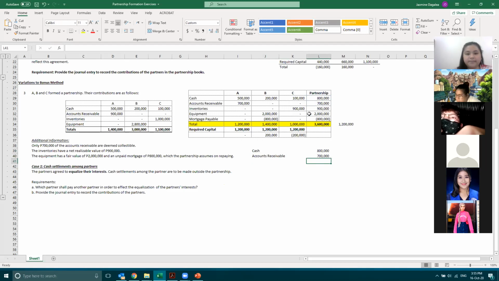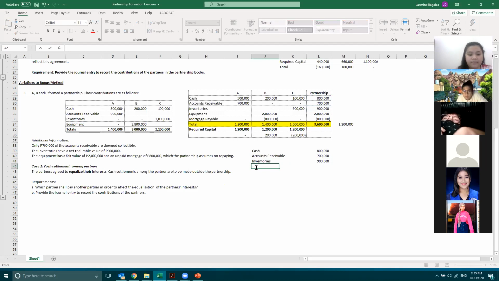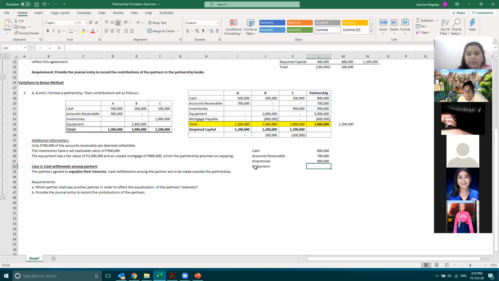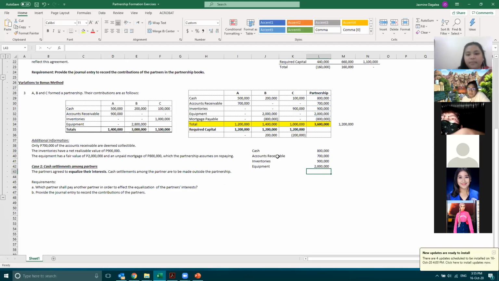Inventories, 900. Ano pa? Equipment, 2 million. Dito nyo kukunin. Ito na yung pinaka-journal entry nyo.